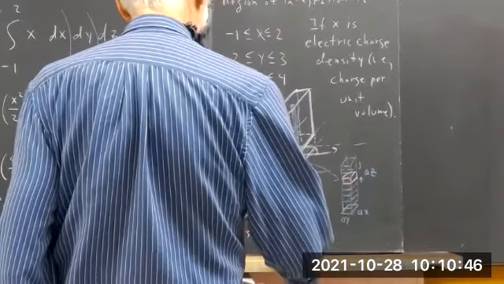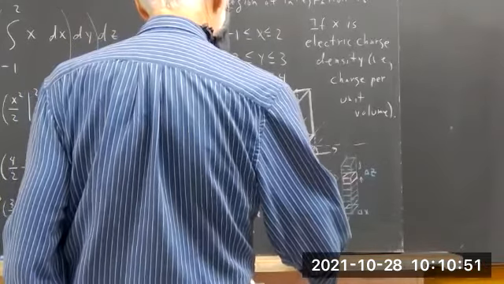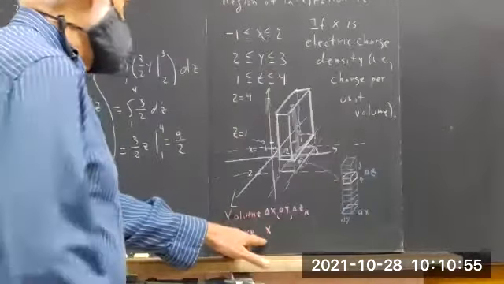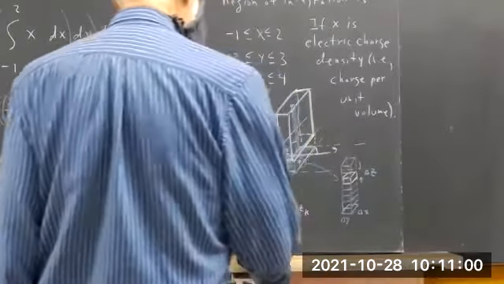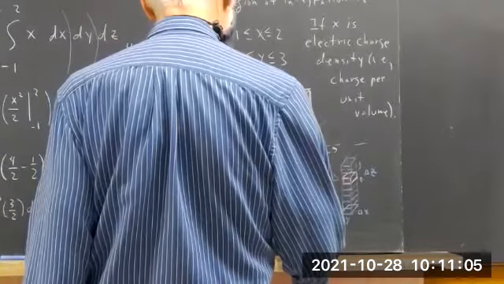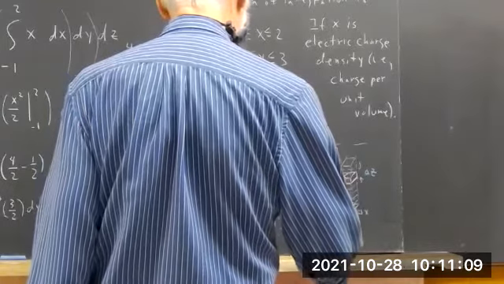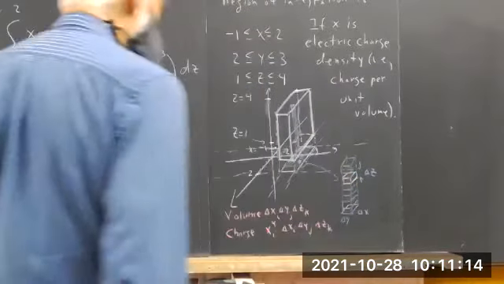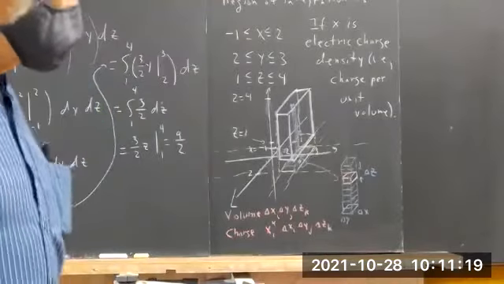Let's call this a delta xi, delta yj, delta zk. And the charge will be like the density at xi star, times delta xi, delta yj, delta zk.